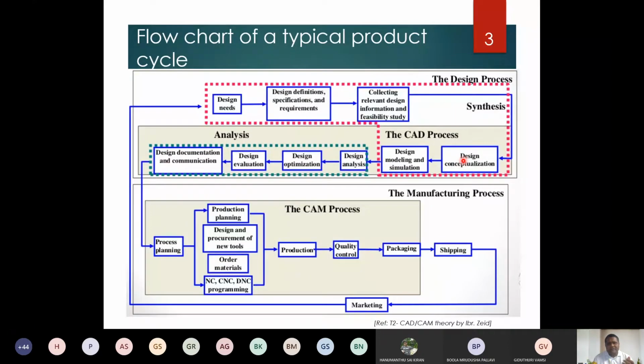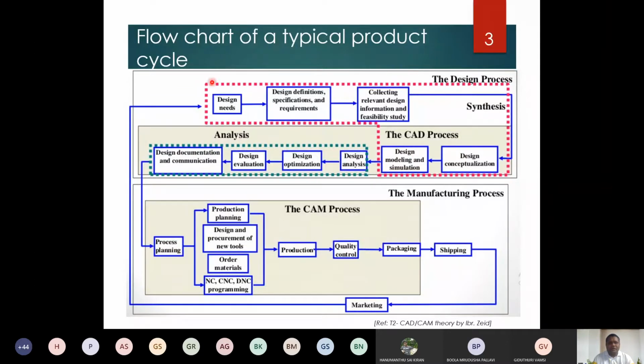So in all these six phases, the users, designers, or engineers work with a CAD model. Whether it comes under synthesis or under analysis, as long as the user works with a tool, a graphical interface, and some 3D modeling technique, it comes under the CAD process. So you need to be clear about the CAD process.